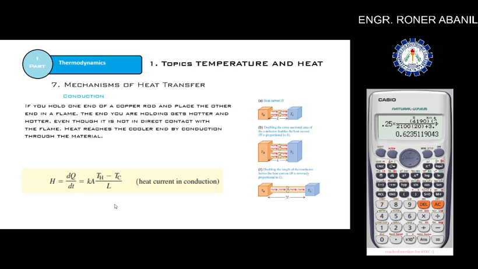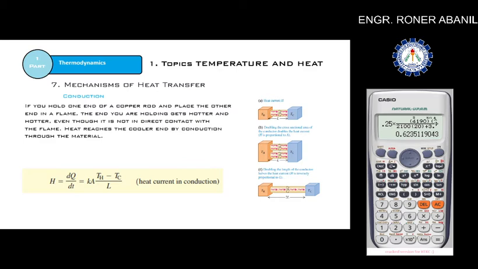So, itong equation na to also gives the heat current through a slab or any homogeneous body with uniform cross-section area perpendicular to the direction of flow ng heat. Okay? Yung L naman is yung length of the heat path.